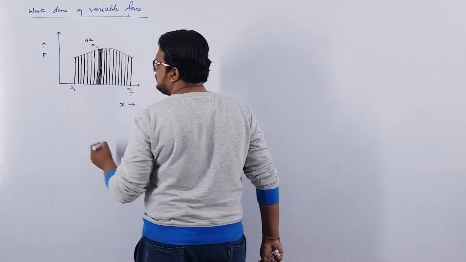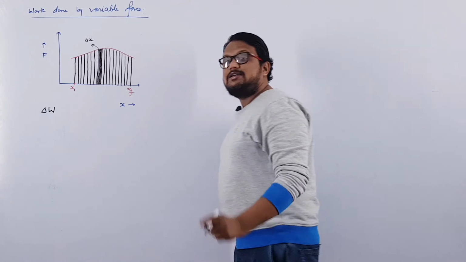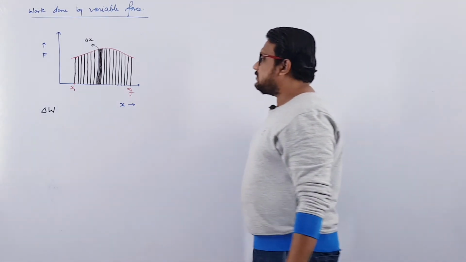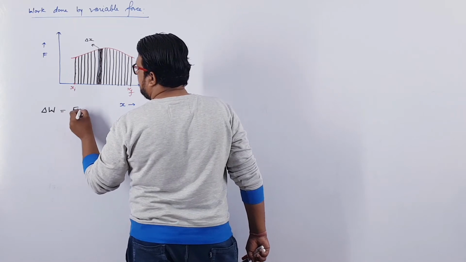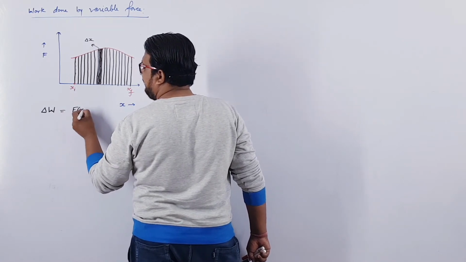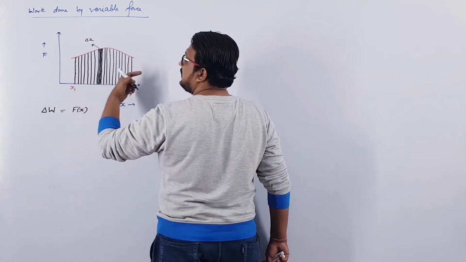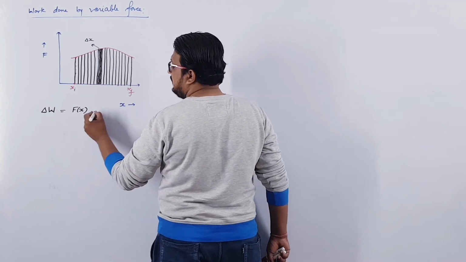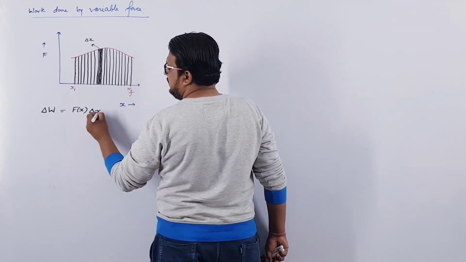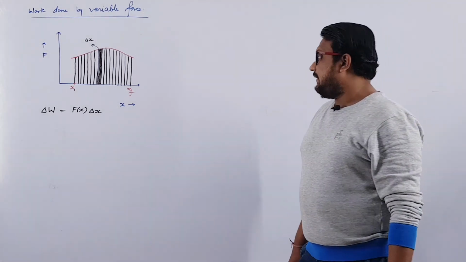In that case, the work done delta W, why are we using delta? Delta is for very small. So delta W will be equal to F, which is along the x axis, so you can write Fx, or simply write F, because this force is only along the x axis, into delta x. Delta W equals F into delta x.